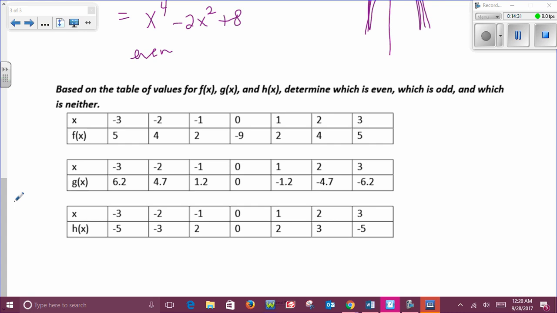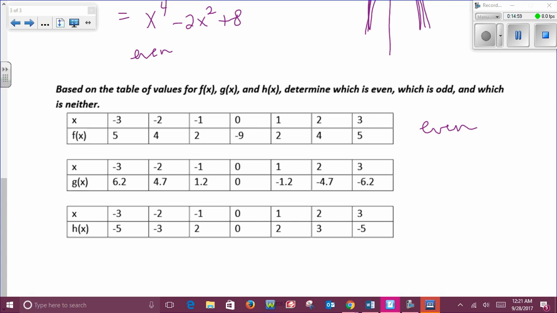And this is actually going to be a quadratic. I can tell by the way it's mapping out. And this is even. It's even because all my corresponding y values are the same. And when my corresponding y values are the same, that means I have an even function because it reflects over the y-axis.